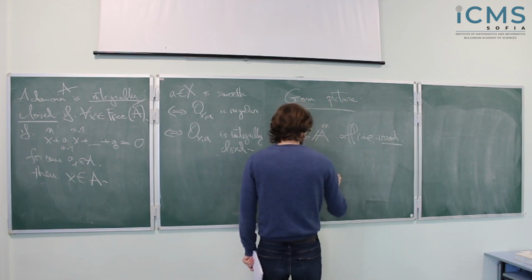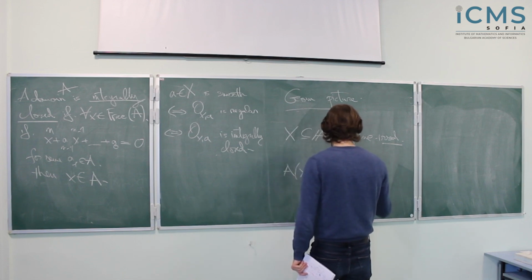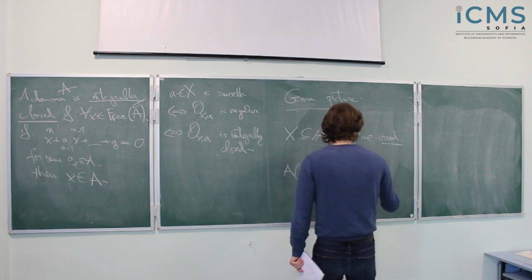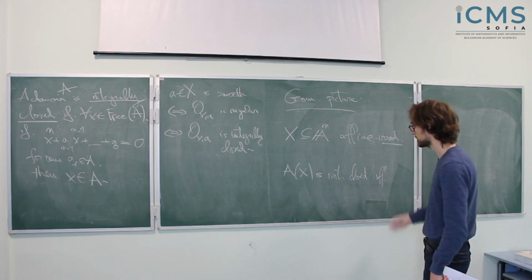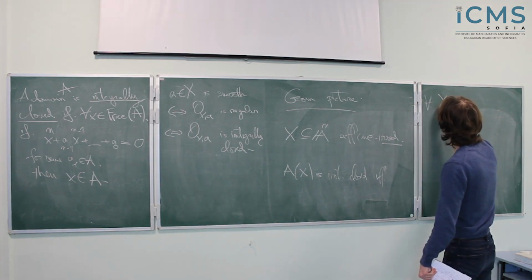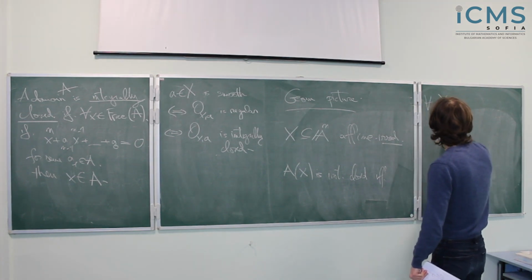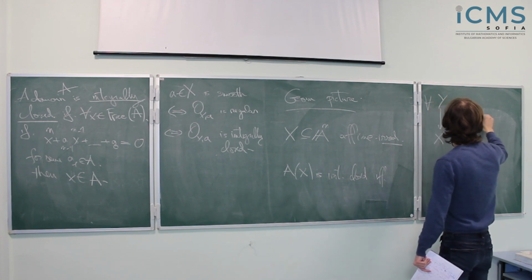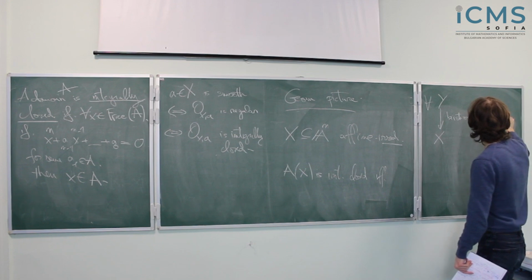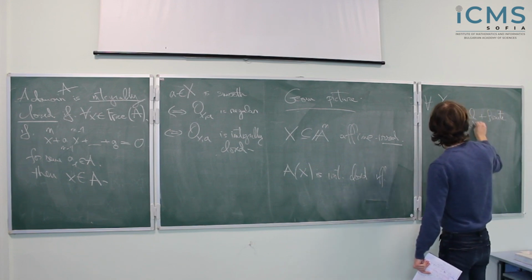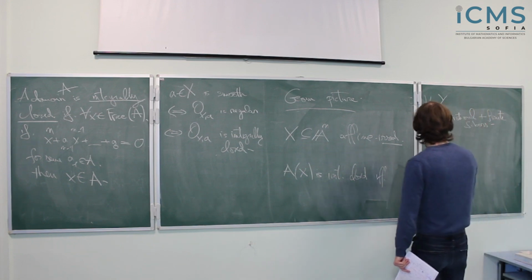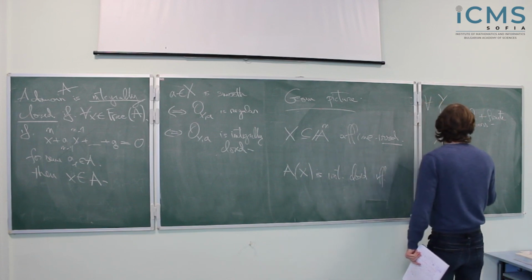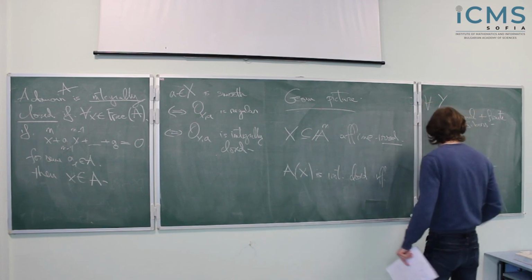A is integrally closed if and only if, let's say, every Y to X which is birational plus finite fibers is isomorphic to X. Okay?